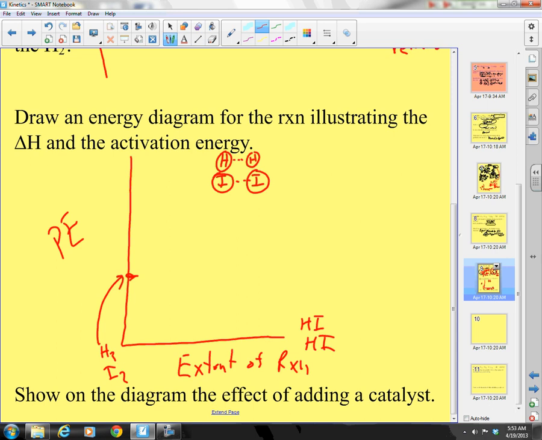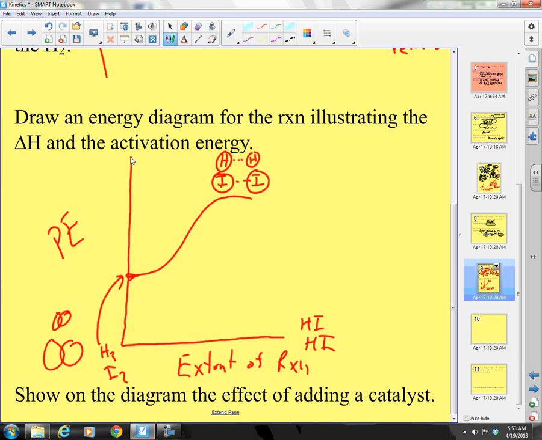They shouldn't quite be touching, but they're no longer overlapping. The bonds have been breaking. Well, what did we say is required to break these bonds between the HH and the II? We said energy, so that means we have to put energy into the system, right? Good.